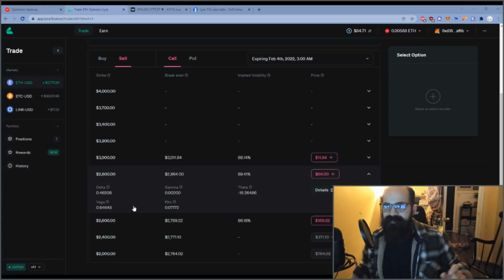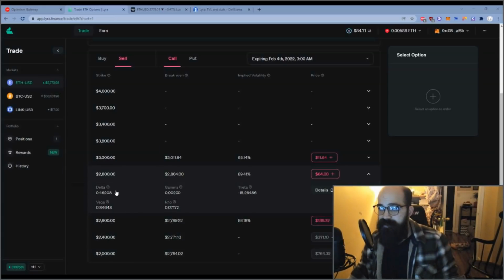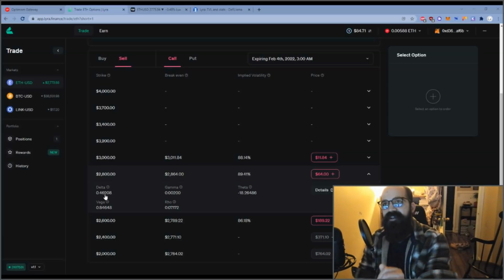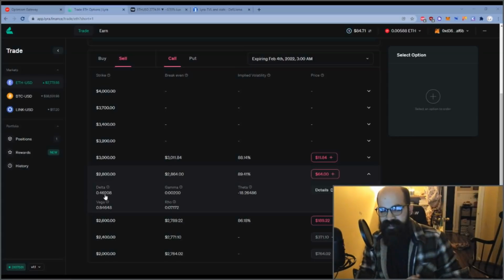But at a very basic level, the delta represents the odds of the underlying asset being in the money, which in this case means above the strike price at expiry.